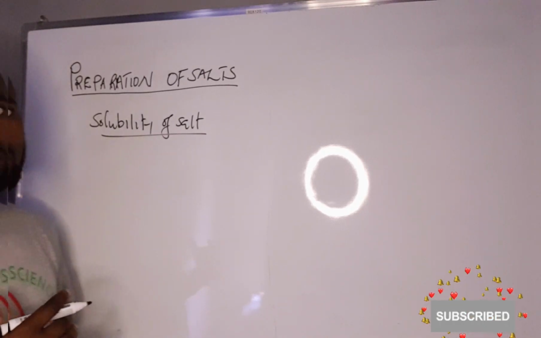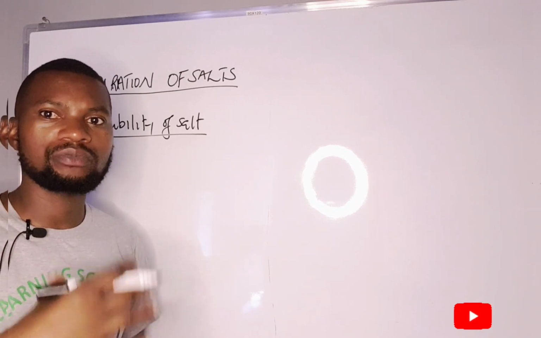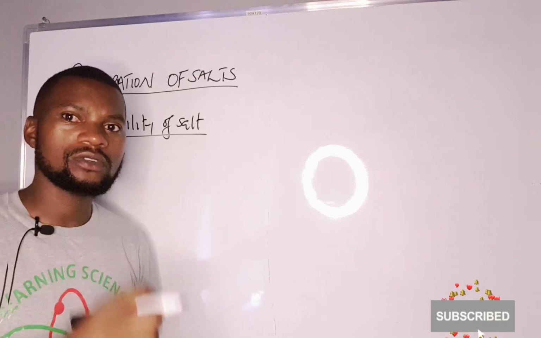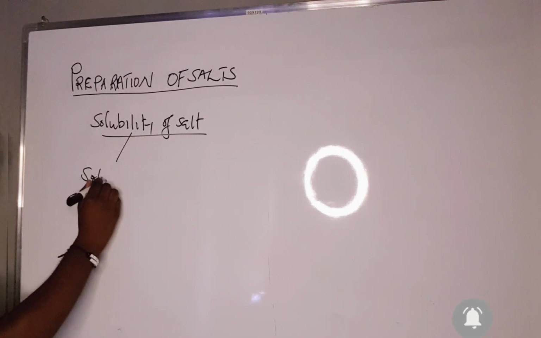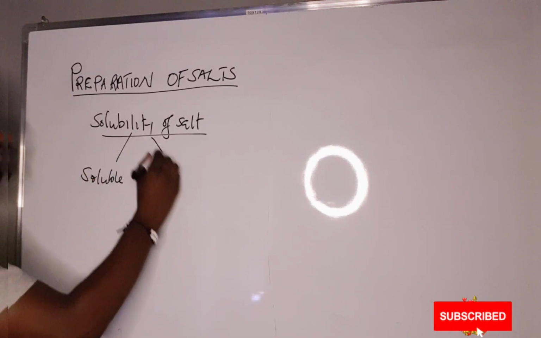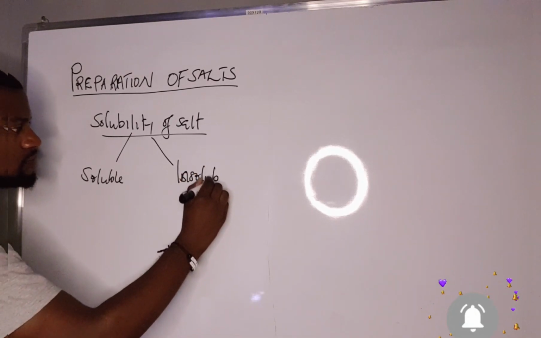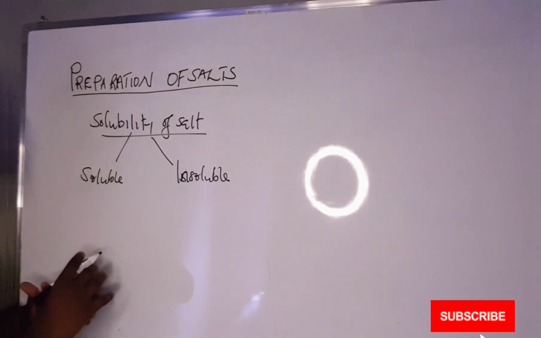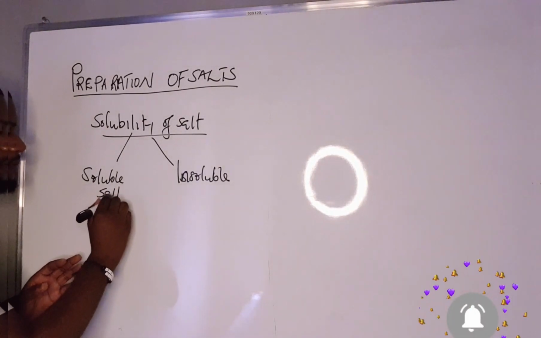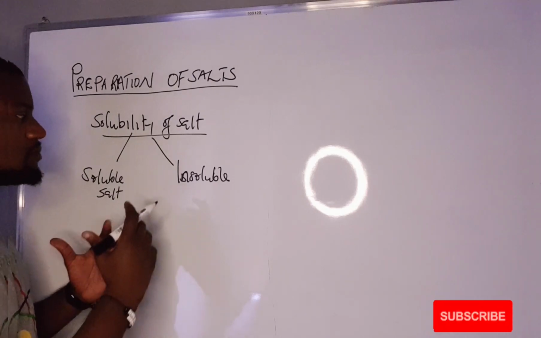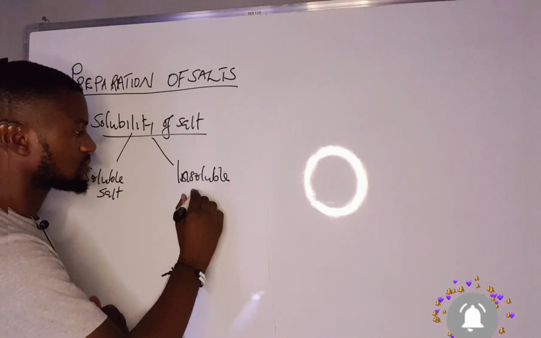This is what determines the method that you are going to use in preparing the salt, because the salt that you are preparing can either be soluble or insoluble. So the method that you are going to use to prepare a soluble salt will be different from the method that you are going to use to prepare an insoluble salt.